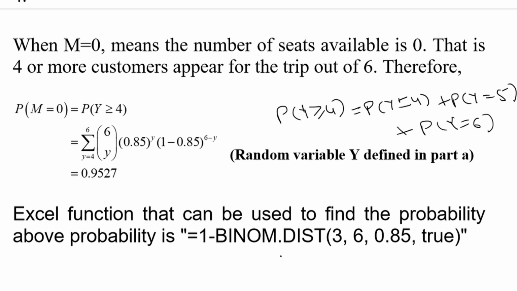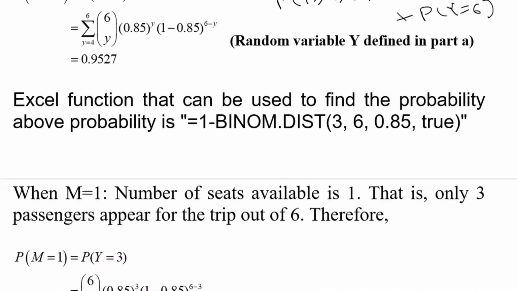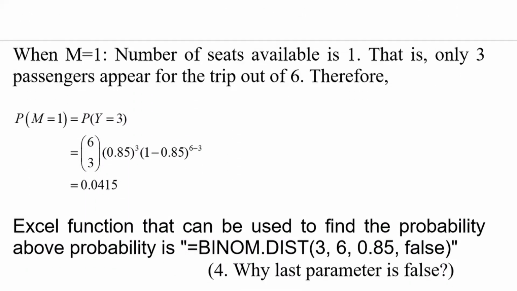Right? Likewise, when m is equal to 1, number of seats available is 1, that is 3 customers out of 6 appear for the trip. So, here we need to find the exact probability that y is equal to 3.